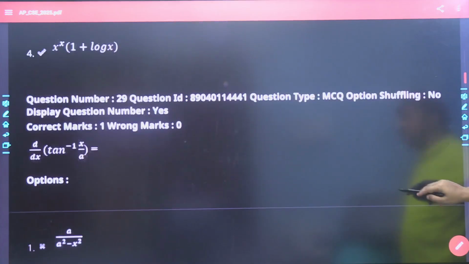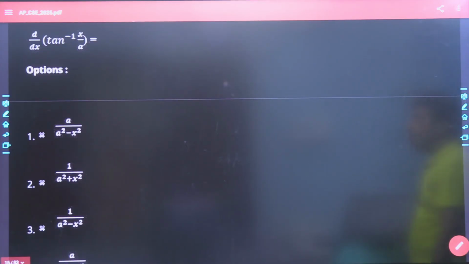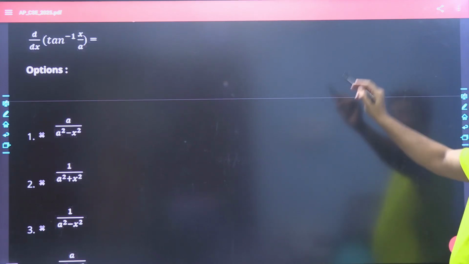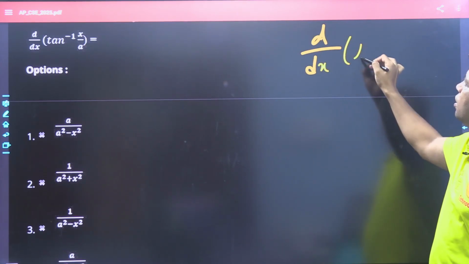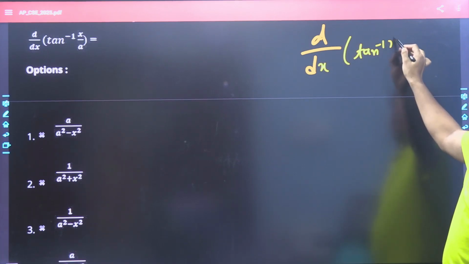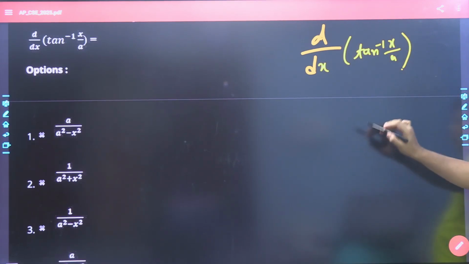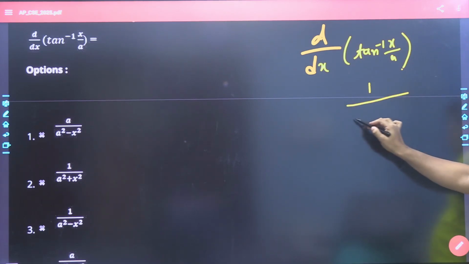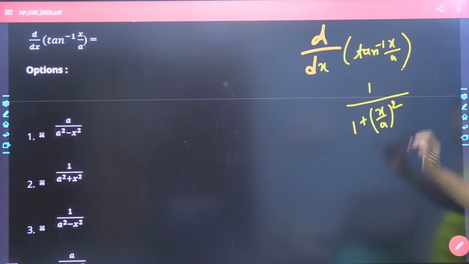Now see the next question, 29. d by dx of tan inverse of x by a. So it is 1 upon 1 plus (x by a) whole square.